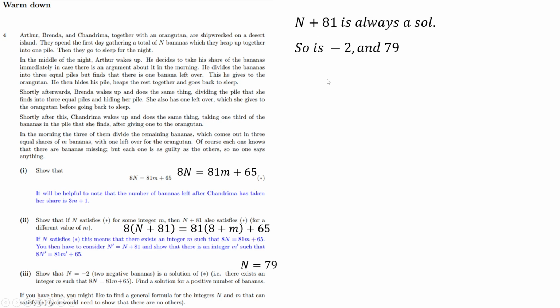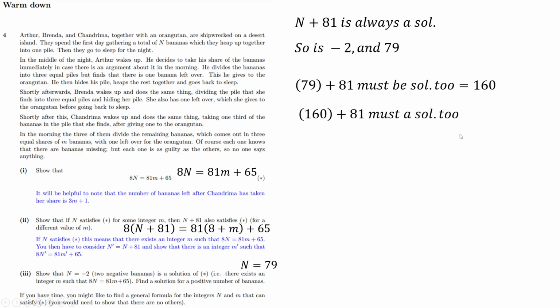So it's a recursive relationship. So you could write this as n subscript p plus 1 equals n subscript p plus 81, right? So 79 plus 81 is a solution, which gets you 160, and then 160 plus 81 is also a solution. And that goes on forever. And in general, you could write that as 79 plus 81k, right?